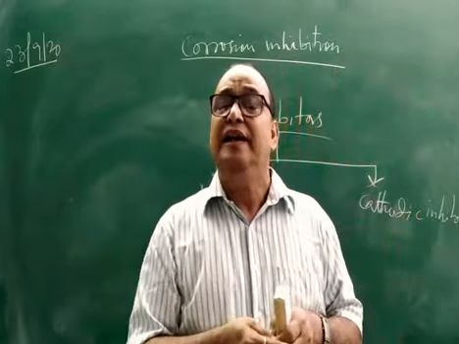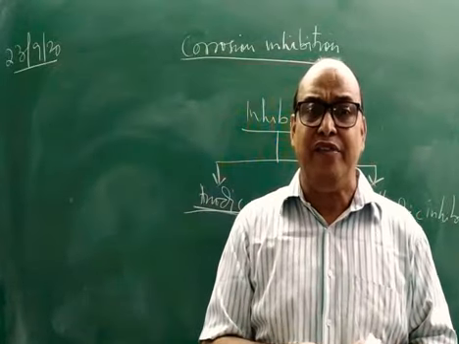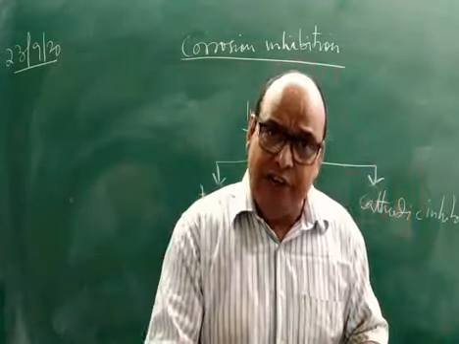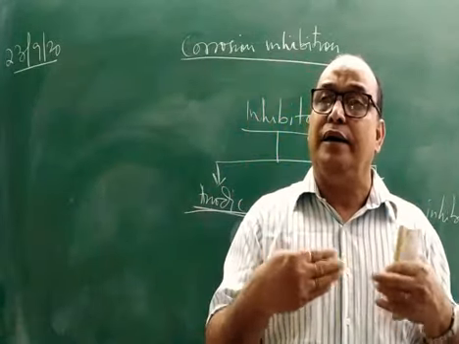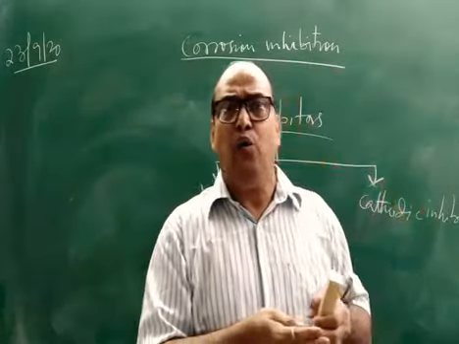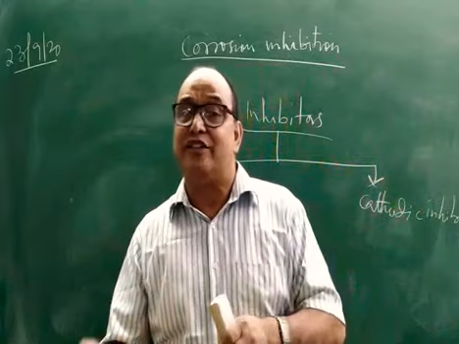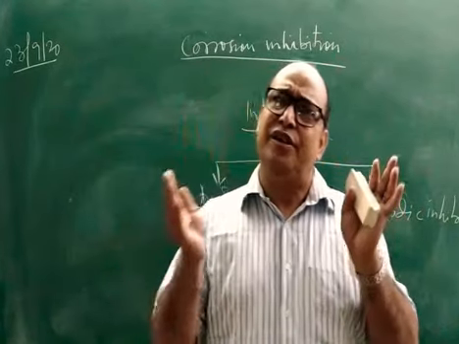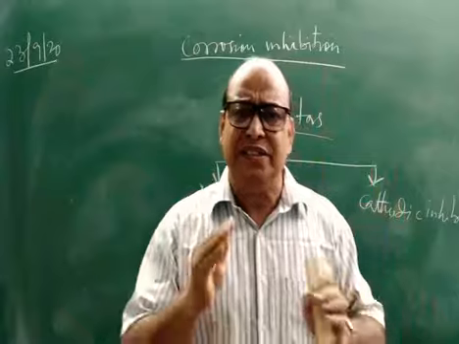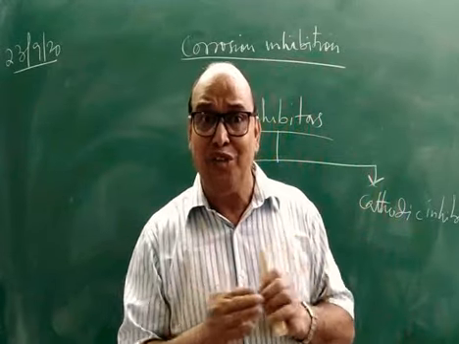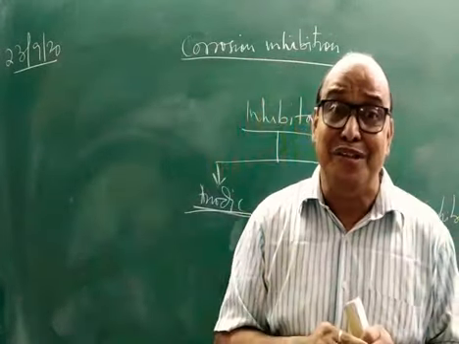As we know, at the anode oxidation takes place, and therefore as the rate of oxidation goes down, automatically the rate of reduction will go down. This technique is very effective, but unfortunately may be very dangerous also.